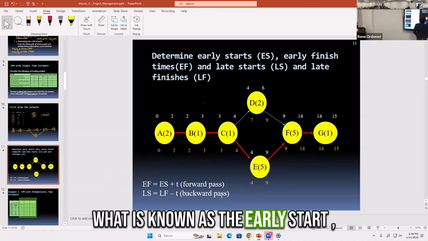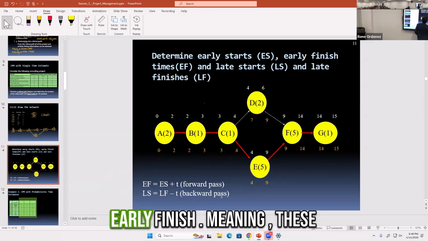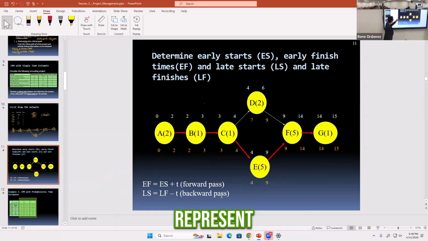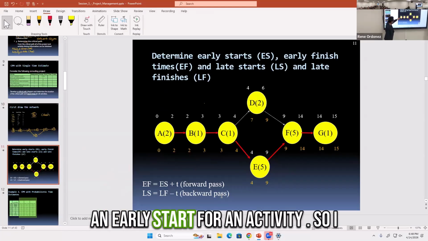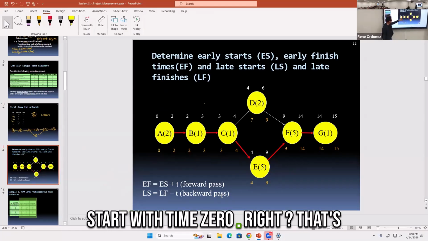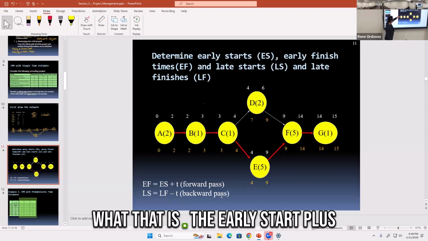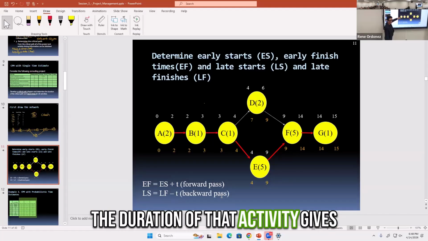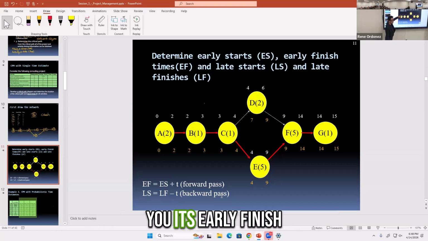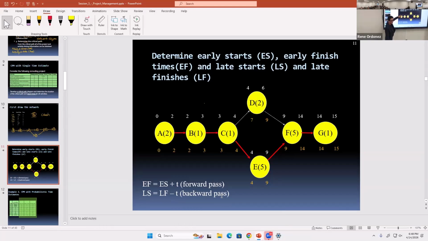Now, in this next slide, this is a technique where we try to identify what is known as the early start and early finish, meaning these numbers that you see here represent an early start for an activity. So you start with time 0, okay? The early start plus the duration of that activity gives you its early finish.